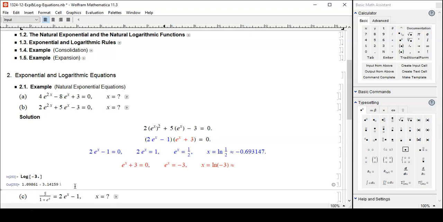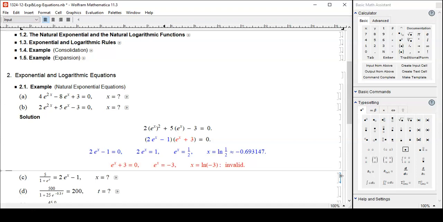We ended up with a complex number. That's Mathematica, because Mathematica is based upon complex numbers. For a handheld calculator, it's going to be just a straight up error message. So what is this? Invalid. Extraneous, or whatever term you may want to call it, illegitimate.